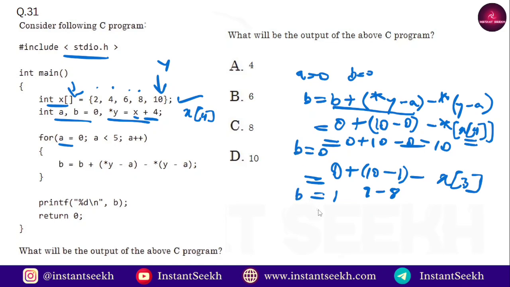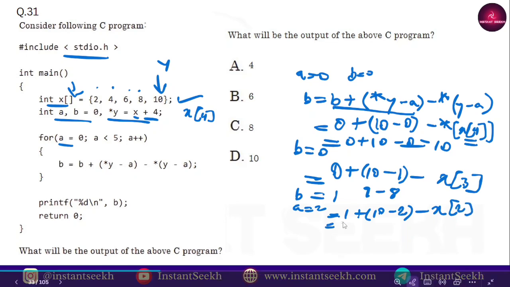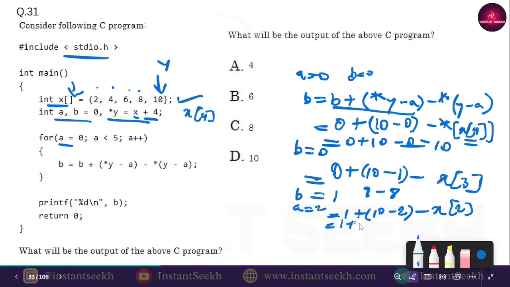Now B becomes 1. Accordingly, let's go for A equal to 2. Again the same. Now you have B equal to 1 plus 10 minus 2, then X of 2. I will write the steps. 1 plus, now 10 minus 2 is 8, right?